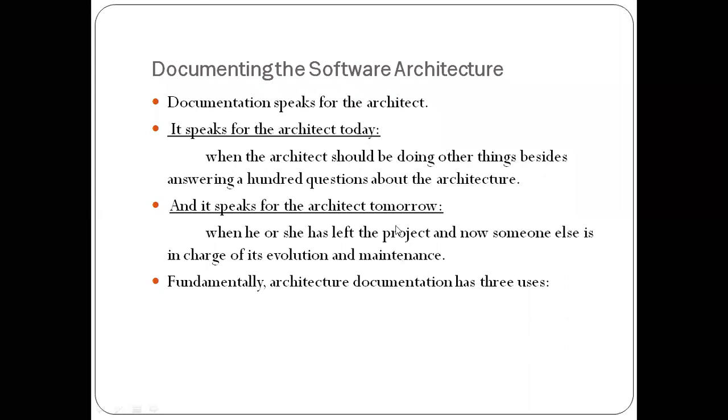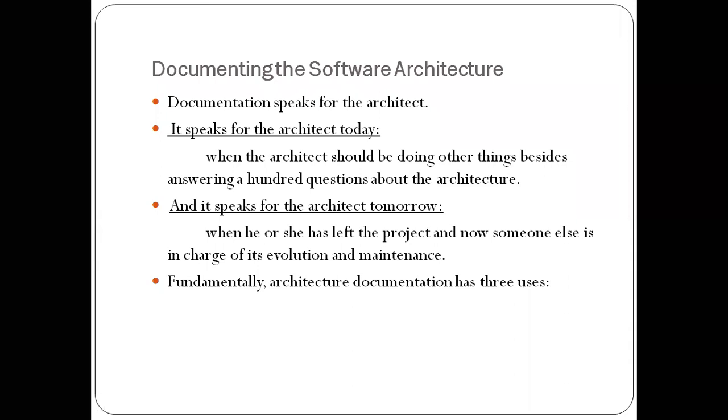And for tomorrow or for the future, when he or she has left the project and someone else is in charge of its evaluation and maintenance. Unexpectedly, the architect may leave the project.